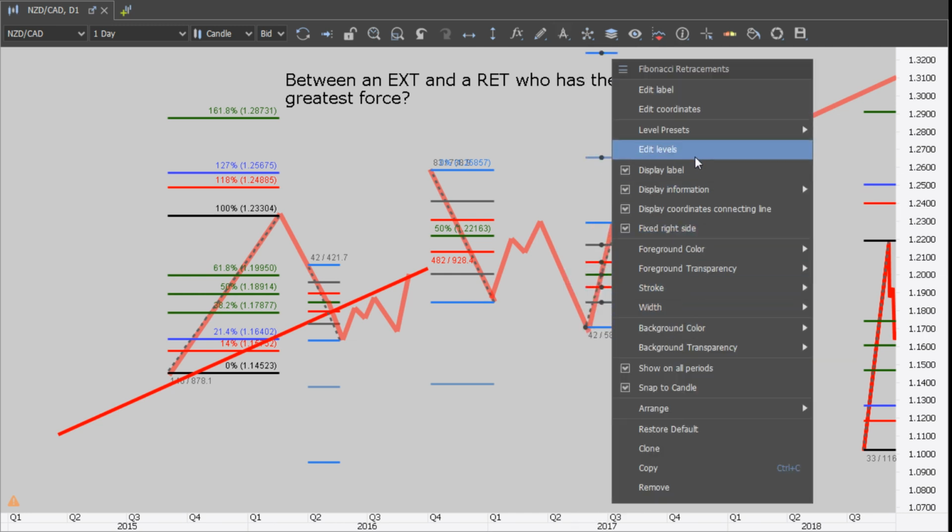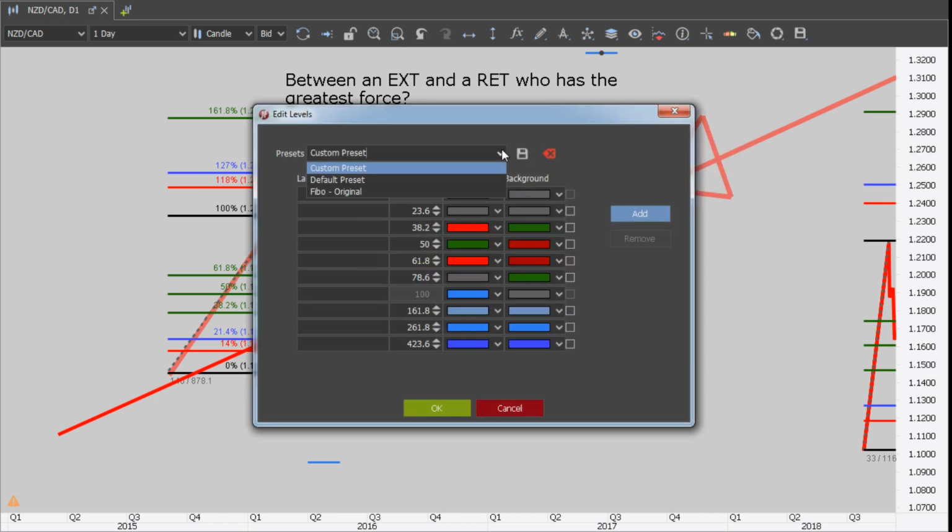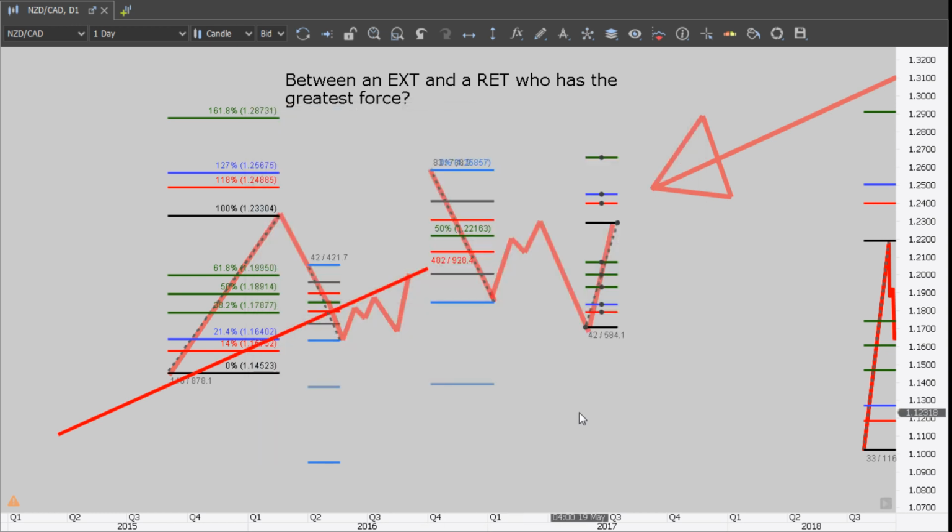What should I do? Should I trade an extension or should I trade a retracement? Everybody.